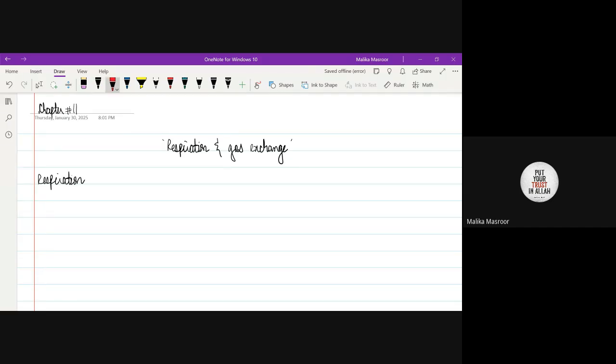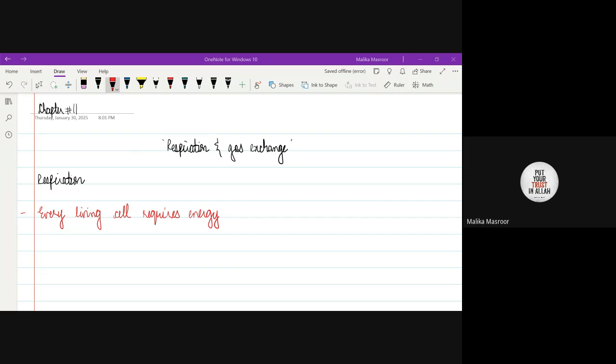every living cell requires energy. That energy is required for, let's say, contraction of muscle, cell division, active transport, growth, reproduction, homeostasis, protein synthesis, transmission of impulses.